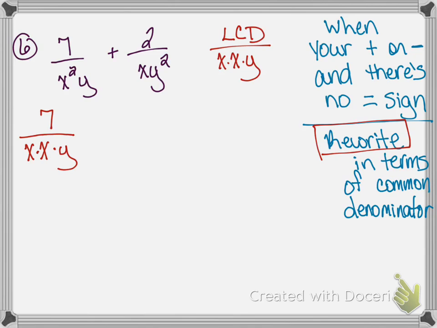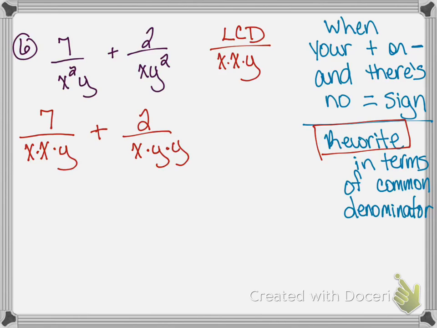I'm not factoring a binomial or trinomial. That x squared times y is a monomial. I'm only multiplying, and so it's better if I write it out like this. Then my next one, I have 2, and then I've got x times y times y.